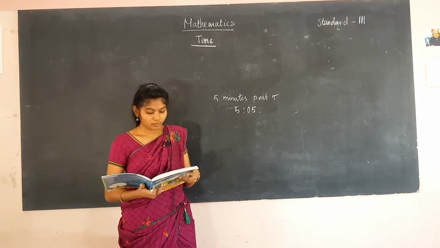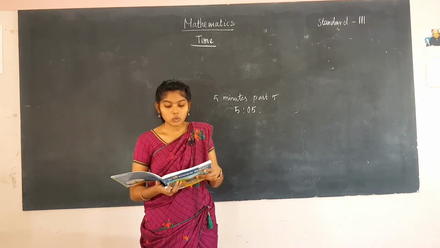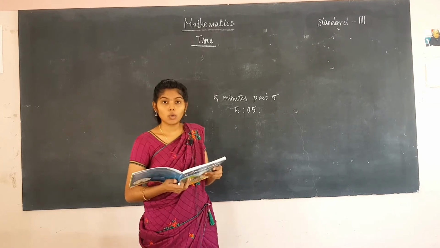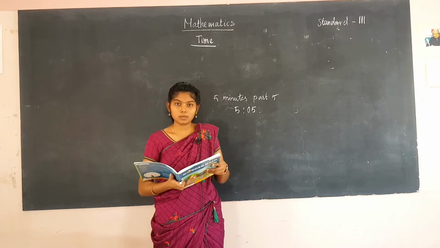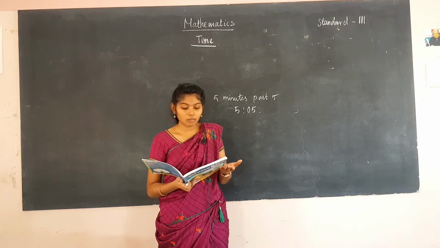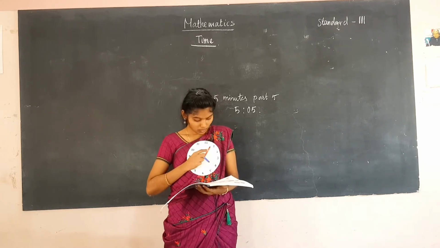And the next one: if the minute hand moves from number 12 to number 6, how many minutes does it cover? You are going to do this as your homework. After I explain, you are going to do this one as your homework. If the minute hand moves from 12 to number 6, this is the minute hand, right?